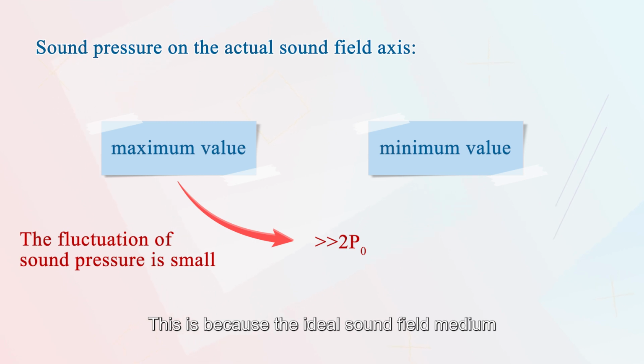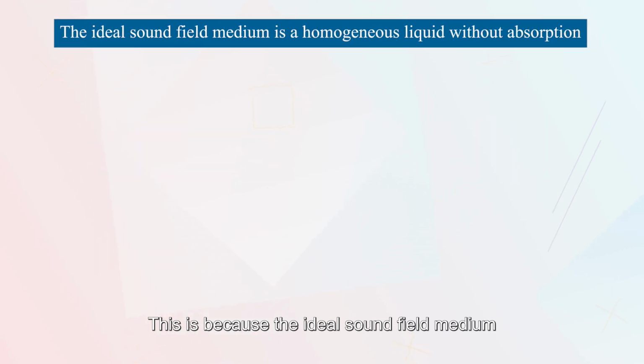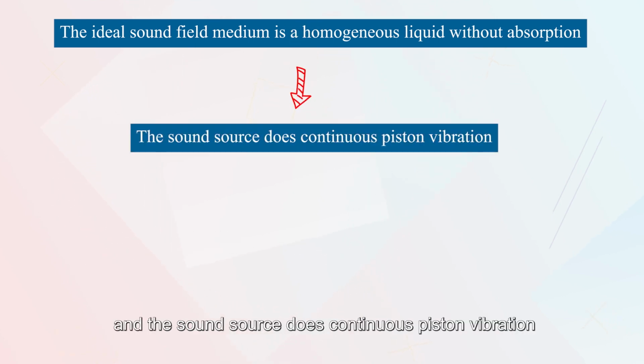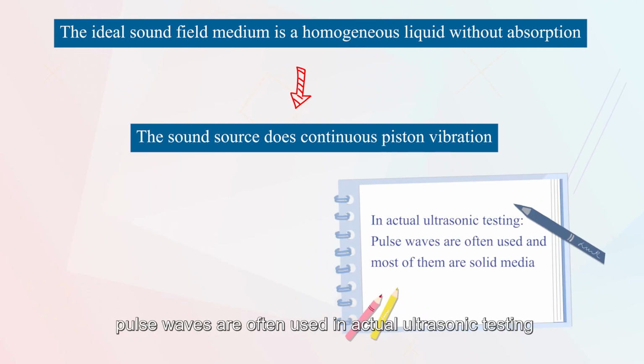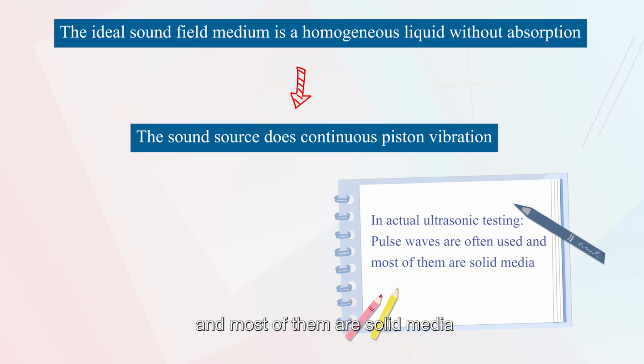This is because the ideal sound field medium is a uniform and non-absorbing liquid, and the sound source does continuous piston vibration. However, pulse waves are often used in actual ultrasonic testing, and most of them are solid media.